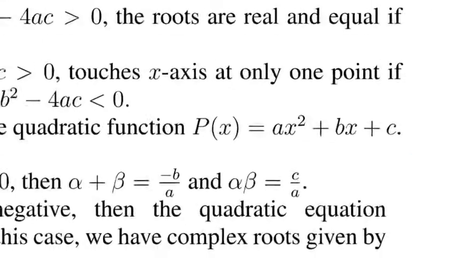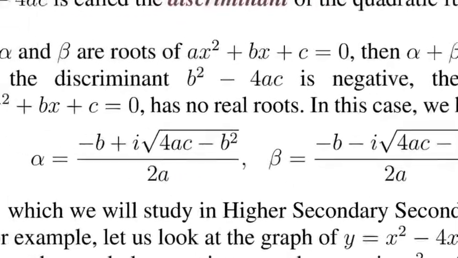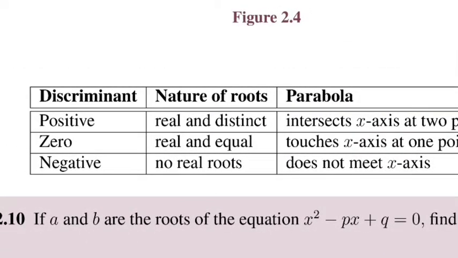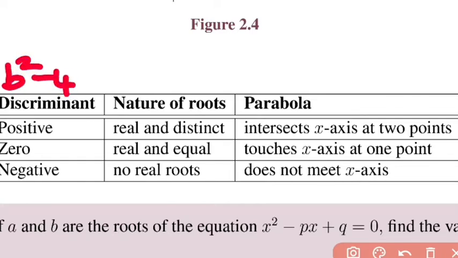Based on this, they have given one table below. So this is a very important table. In this table, they may ask a 1 mark question. The discriminant means b square minus 4ac.